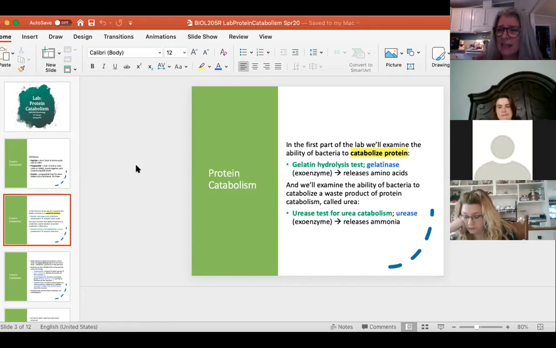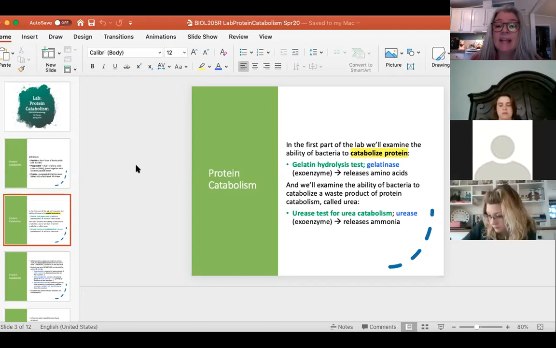Now, the urease test is very different. Urea is a molecule that is created from the metabolism of protein. So when a cell, for example a human cell, breaks down a protein that has been consumed, one of the byproducts of digesting a protein, if you will, is urea.